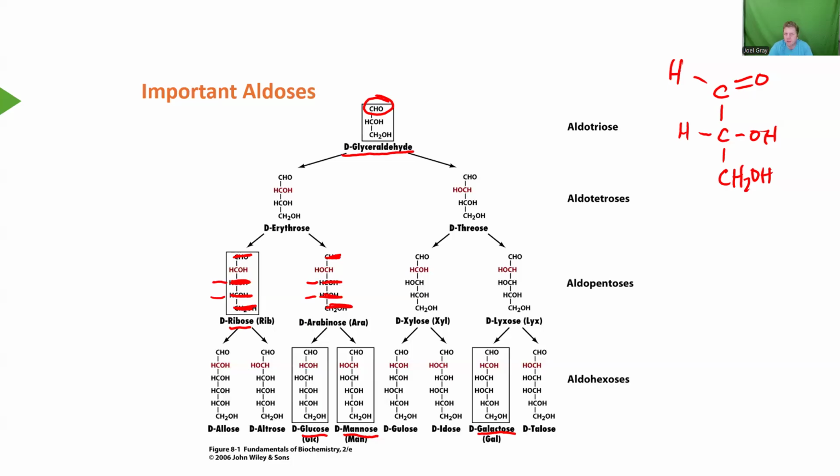And the significance of that is not just, oh, well, I draw them differently. Instead, your body can detect the difference. Your enzymes, the agents of extracting energy from these compounds, they can detect a difference.